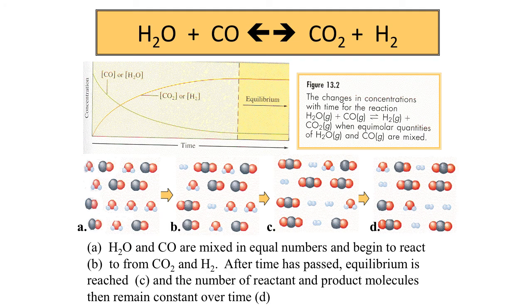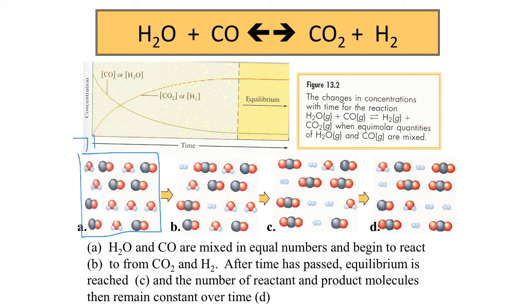All right, this just shows us another way to look at our equilibrium. Remember, equilibrium, rate of the forward is equal to the rate of the reverse reaction, and the amounts will remain constant, or the concentration remains constant once we reach equilibrium. So in picture A, if we look at that, we have 1, 2, 3, 4, 5, 6, 7 water molecules.